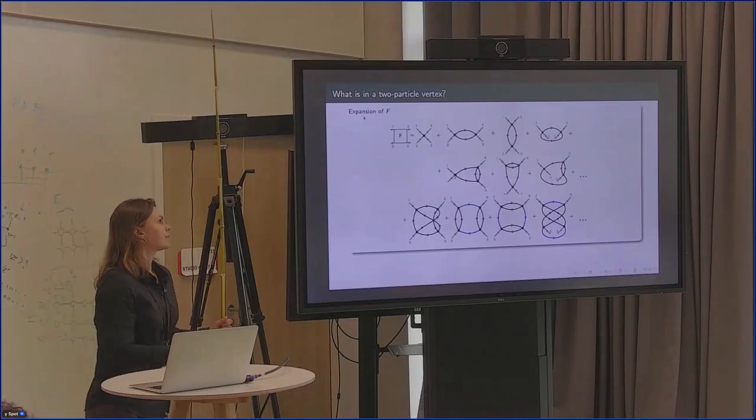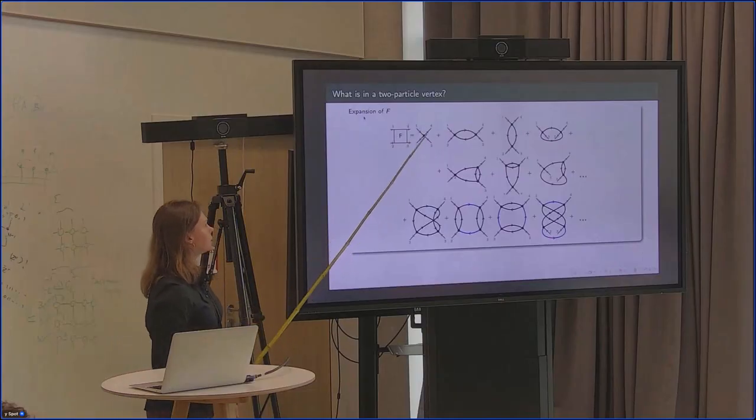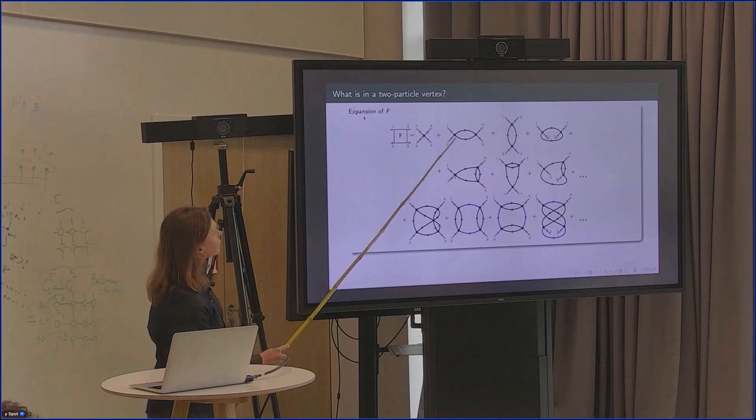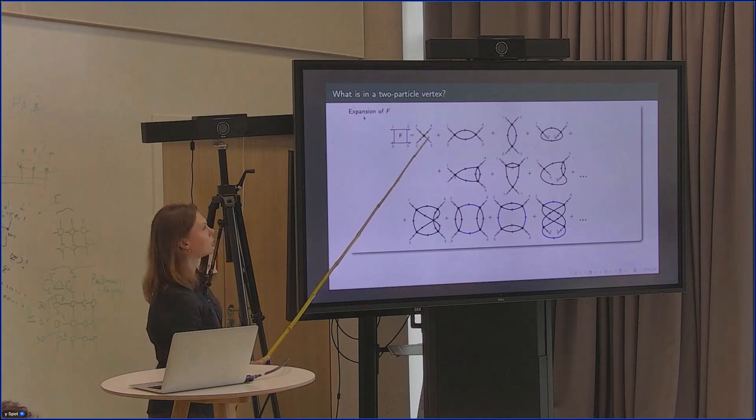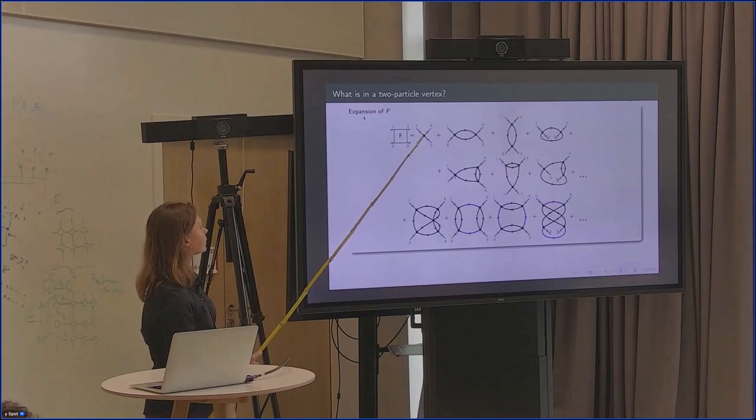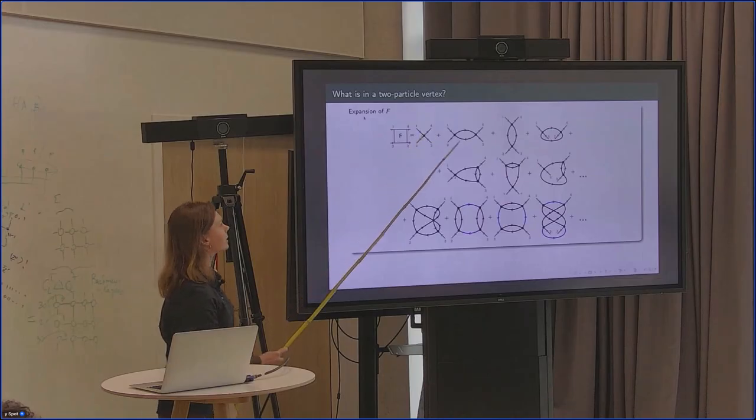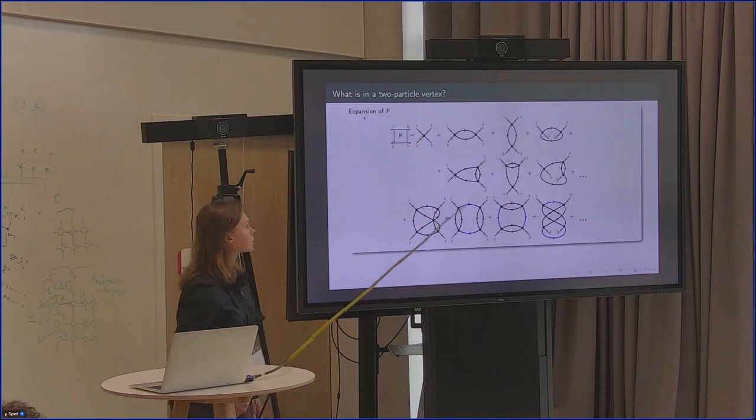So if I just take the diagrammatic expansion, I like Feynman diagrams. So the dot is the U and the lines are Green's functions, but here these 4 outer lines are only to fix the number of the outer legs. So it starts with the interaction, and then I have diagrams on diagrams on diagrams.